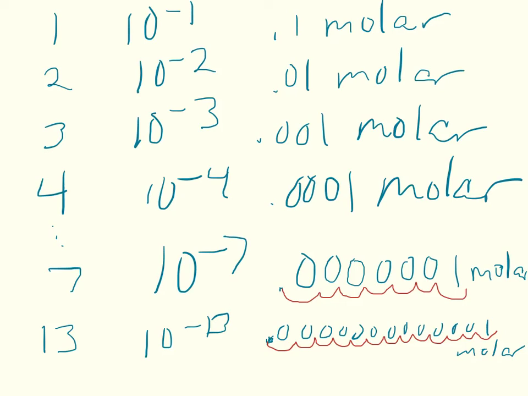Okay, so that's the pH part, but now let's talk about pH and pOH. Alright, so here's H2O, and all the time there's a little bit of dissociation going on where we have some hydrogen ions and some hydroxide ions.